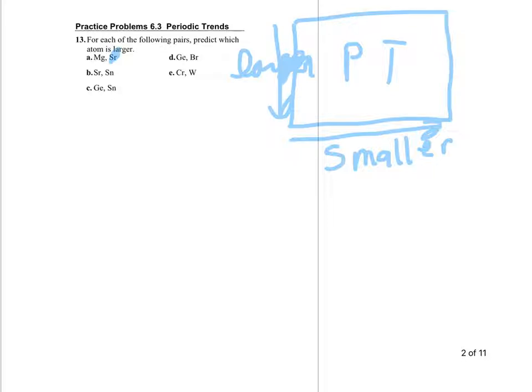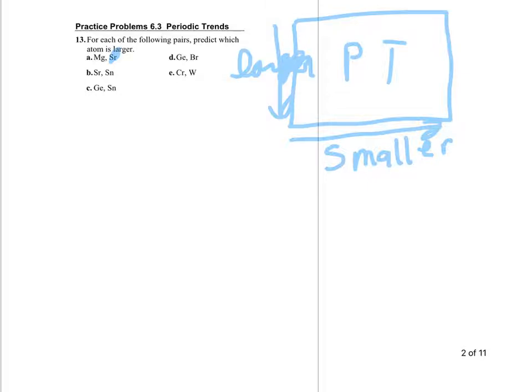Sr and Sn, both in period 5. Strontium is farther to the left in the periodic table.